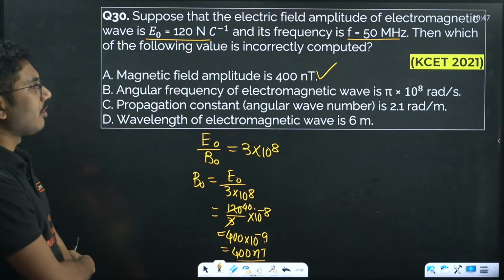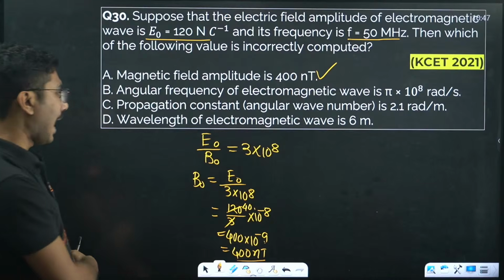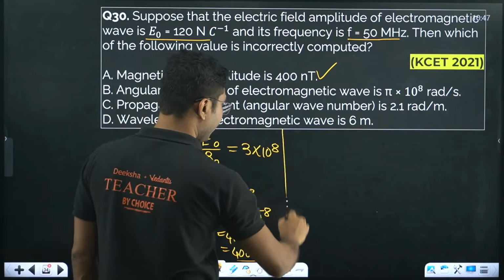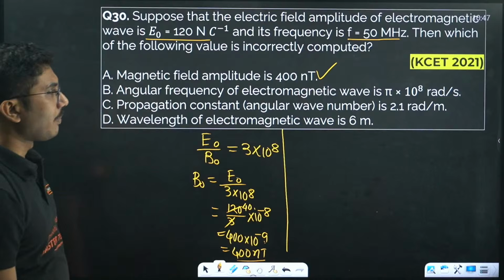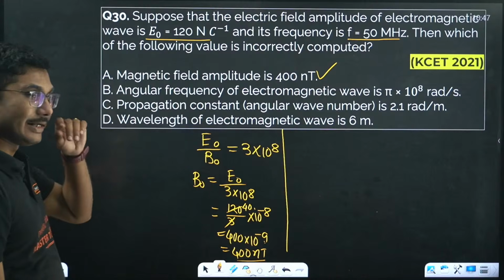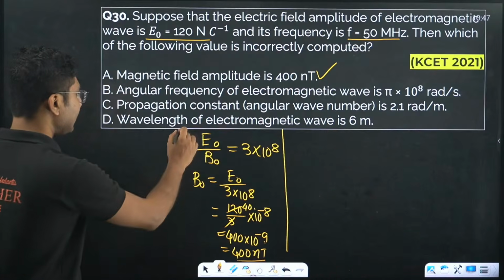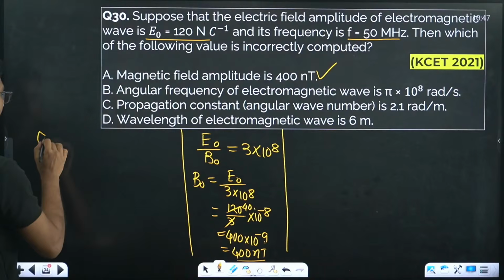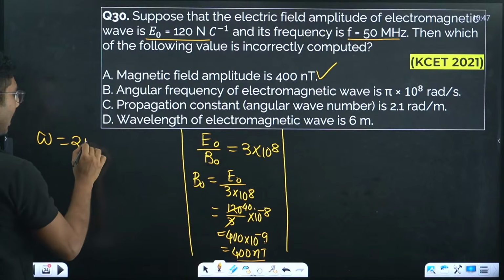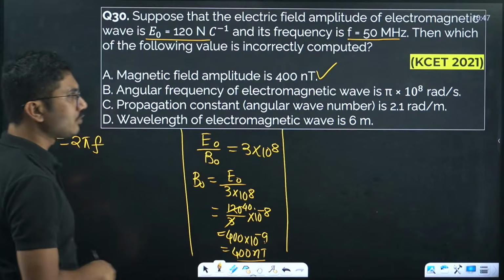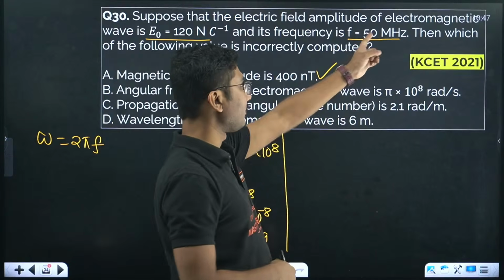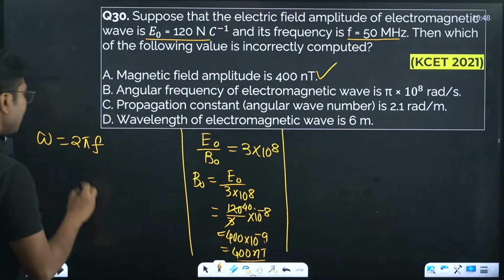Angular frequency of the electromagnetic wave is pi into 10 to the power of 8 radian per second. So what is angular frequency? Angular frequency omega is equal to 2 pi f. Frequency here is given as 50 megahertz.